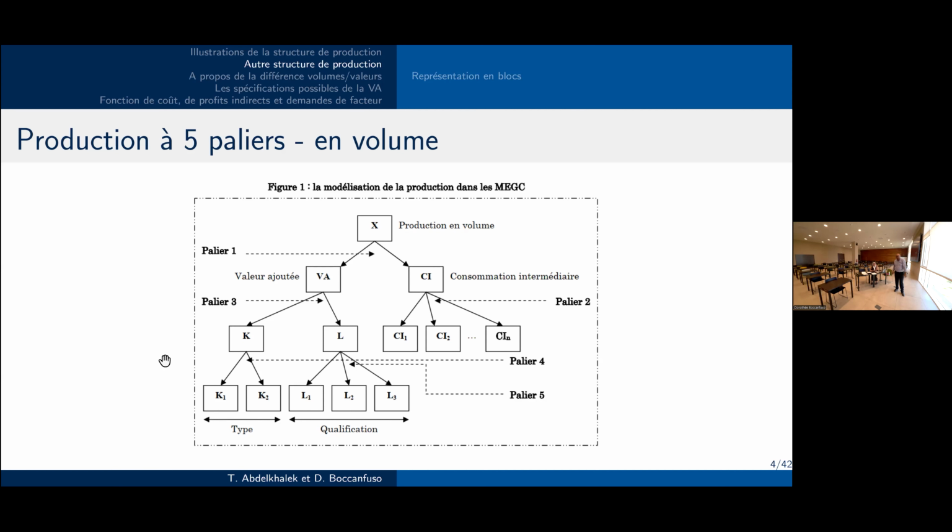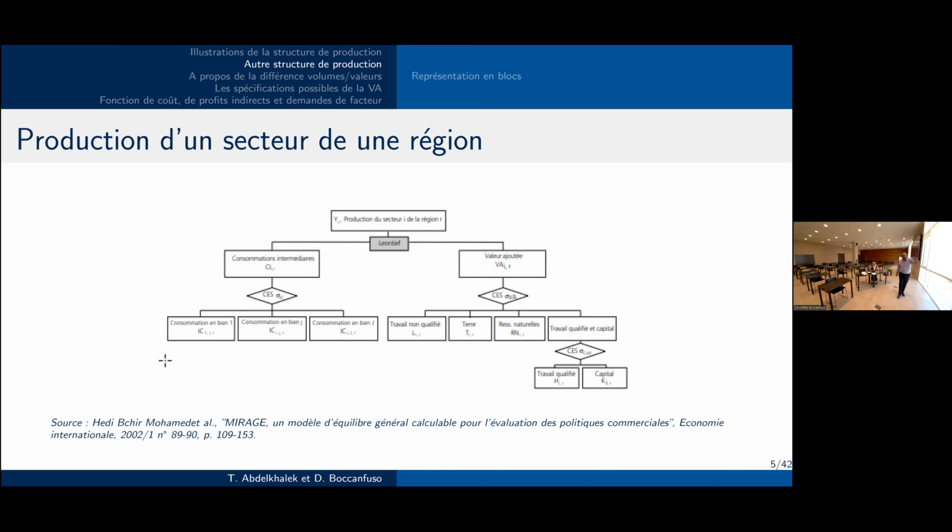Another example comes from a real one. In a different region or different type of economy, you are using many factors of production like water, land, natural resources, etc. We can disaggregate. This is an example from a real model. Shahir, it's from MIRAGE.